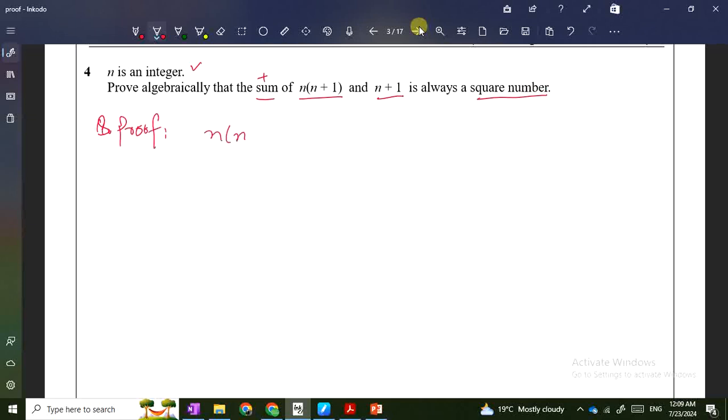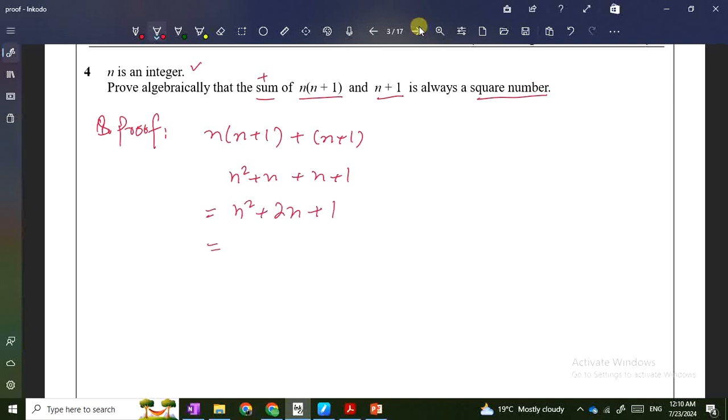So it is n times n plus 1 plus n plus 1. So if you take n inside, it will be n square plus n plus 1. So it will be n square, n plus n will be 2n plus 1.